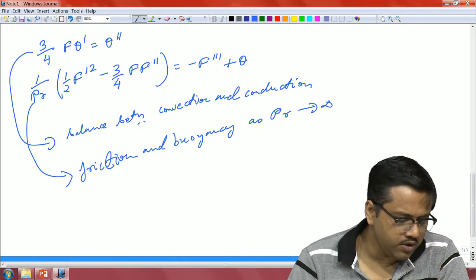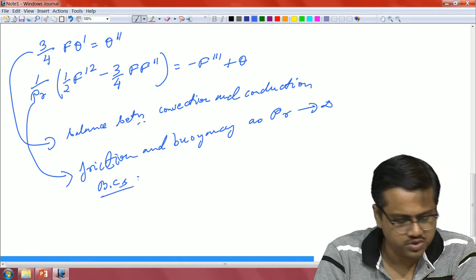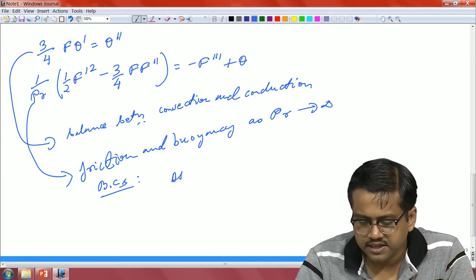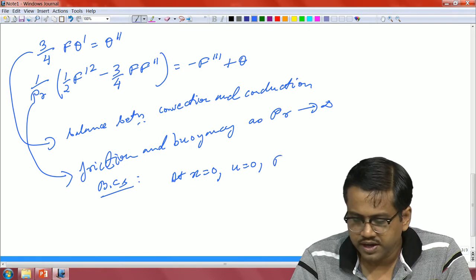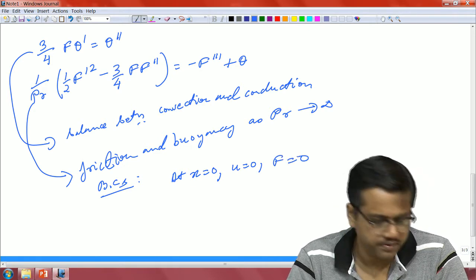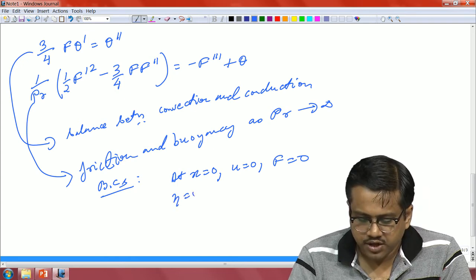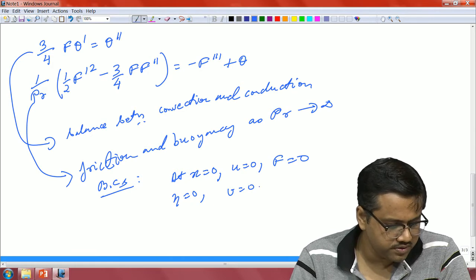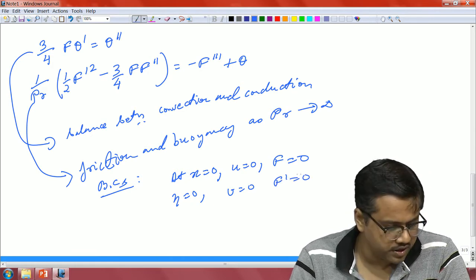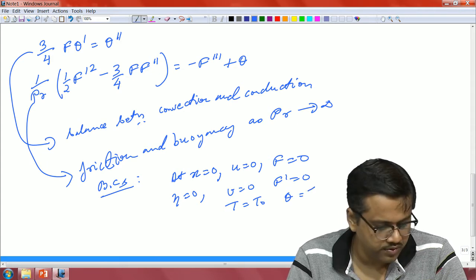Okay. So, now what are the boundary conditions? So, the boundary conditions are important to solve this. So, at x equal to 0, u is equal to 0, f is equal to 0, right. Okay. At eta equal to 0, that would mean v equal to 0, f prime is equal to 0, t will be equal to t naught, theta will be equal to 1.